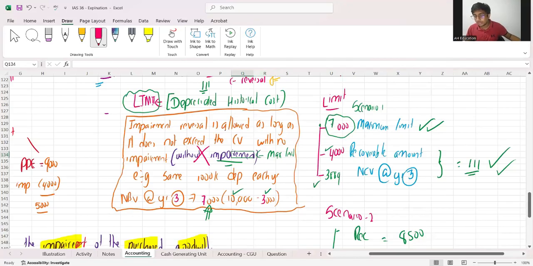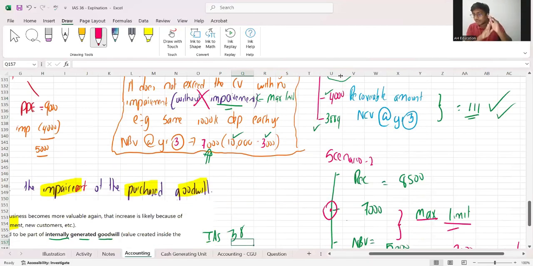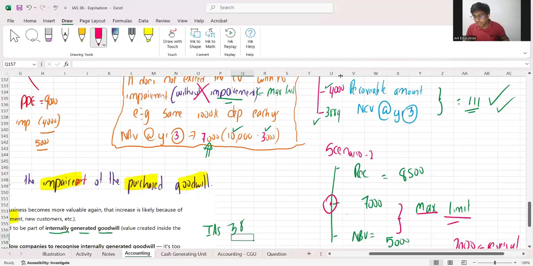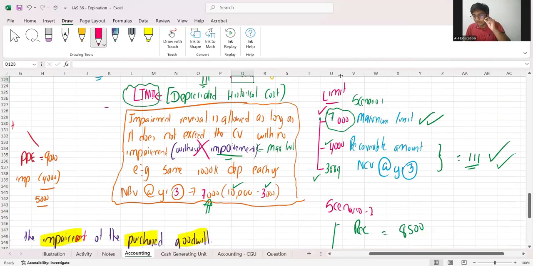In this particular question, our carrying value without impairment was 7,000. In both scenario 1 and scenario 2, it's 7,000. If your reversal figure, that is your recoverable value minus your carrying value, is within your maximum limit, then that amount is allowed.